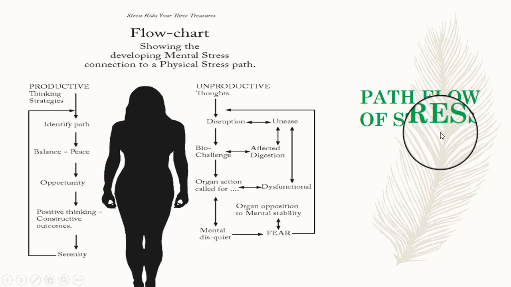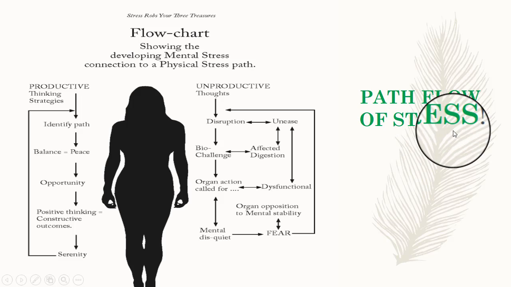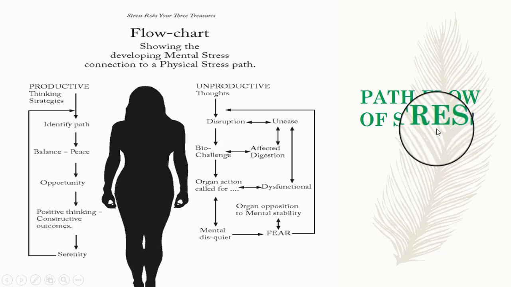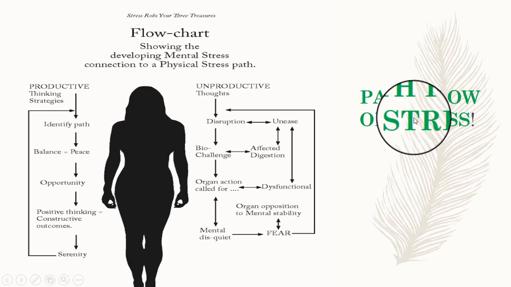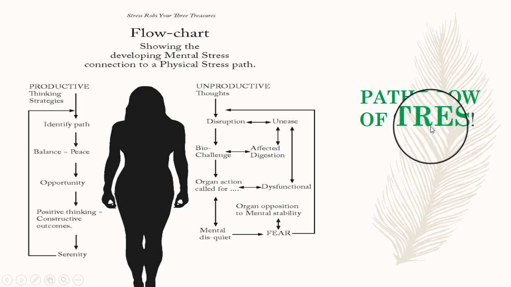Then the adrenal cortex releases corticosteroid, and this particular term, corticosteroid, is mainly responsible for stress. It causes stress in the human body.